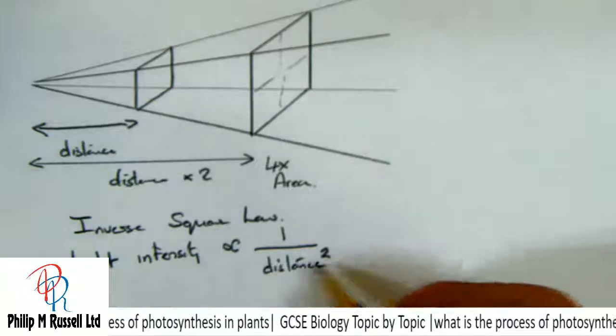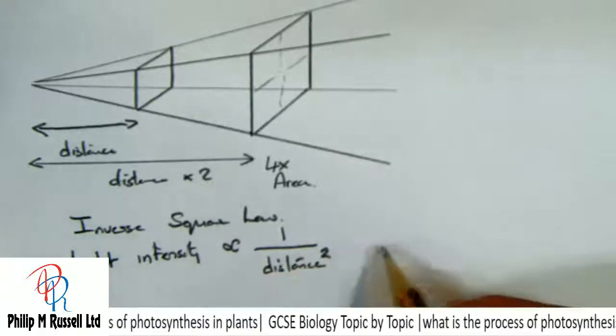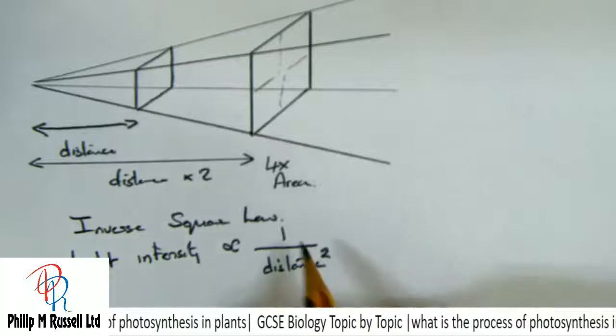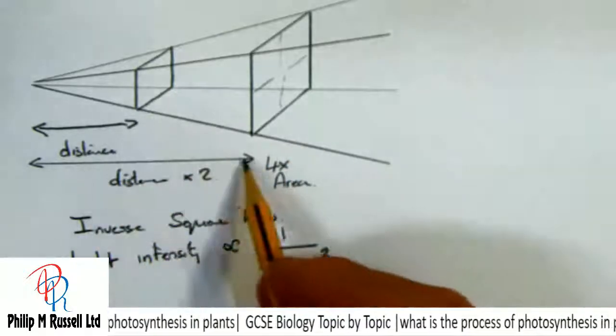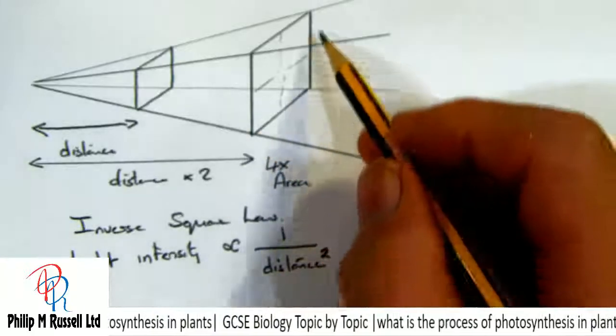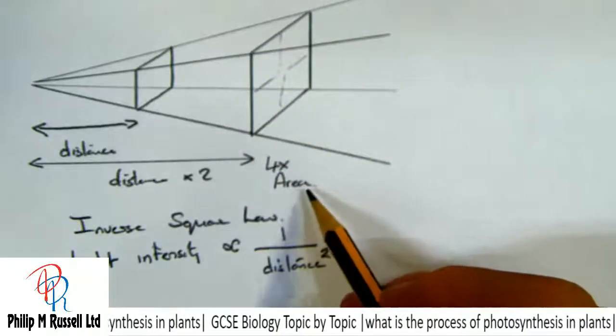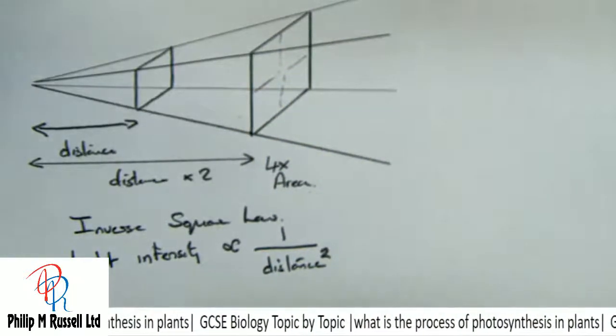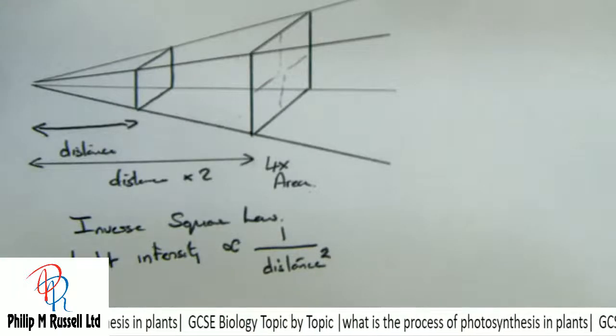So as we increase the distance just a little bit, the amount of light falling on this decreases by an enormous amount.